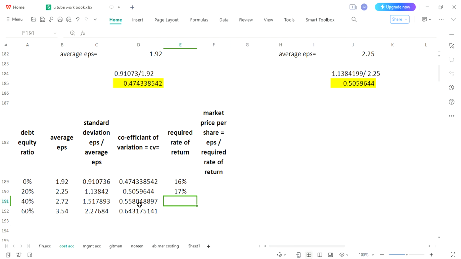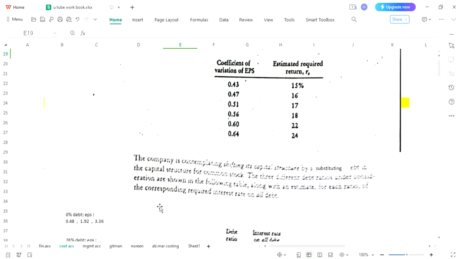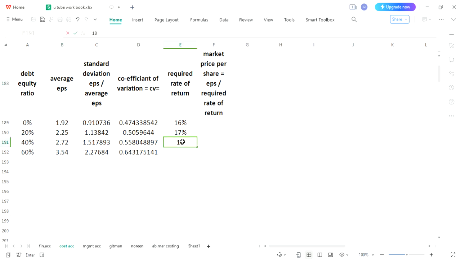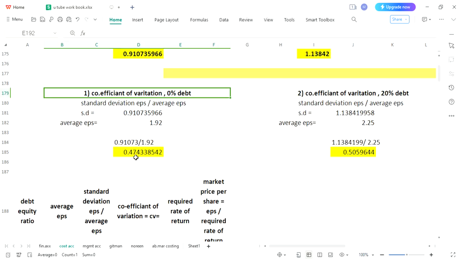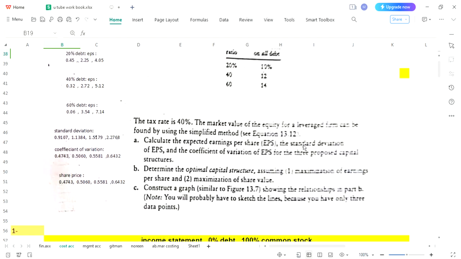Please note it down. This is the CV which we have calculated and its required rate of return is mentioned in your question. Next 0.56, 0.58 can be considered as 0.56. This is your 0.56 and required rate is 18%. Next CV is 0.64. Go back. This is your 0.64. In front of it 24% rate is mentioned.